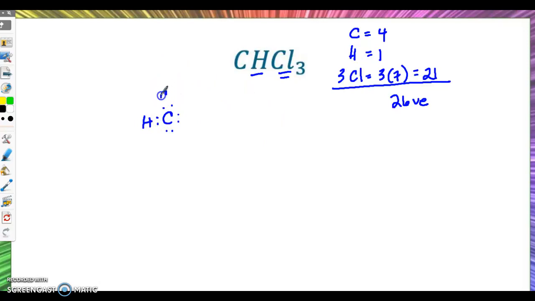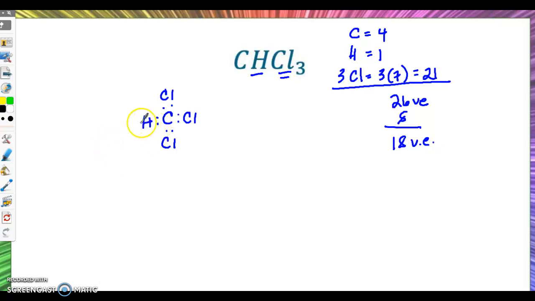I'm going to put chlorines on the other side of the 3 remaining pairs. Okay, so I've placed 8 valence electrons. So let's see, that means that I have 18 valence electrons left to place on this molecule.